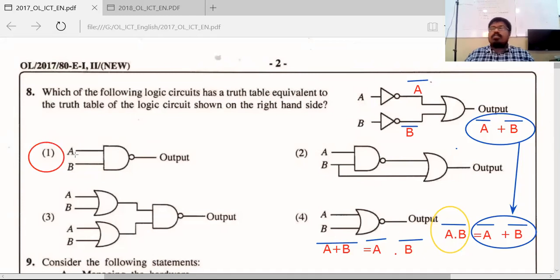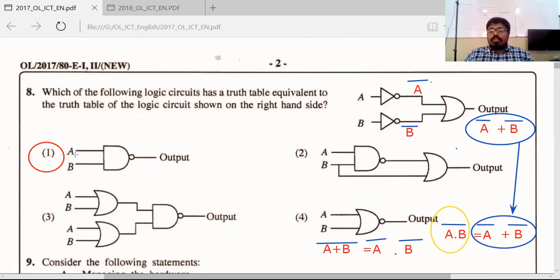Right? This is why I explained De Morgan's theorems in your class. You can refer to your exercise books to find out the De Morgan's theorem. Without the De Morgan's theorems, it will be difficult to identify the answer.